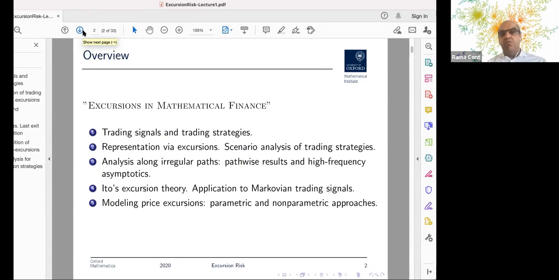This is what I call scenario analysis. Give me any scenario, and I will use this approach to tell you something about the behavior of trading strategies along this scenario. This will be today and tomorrow.